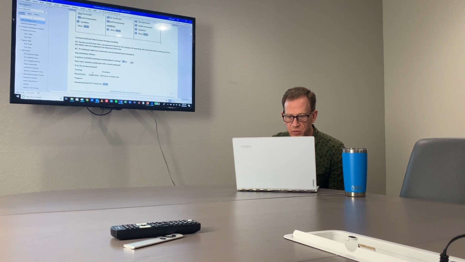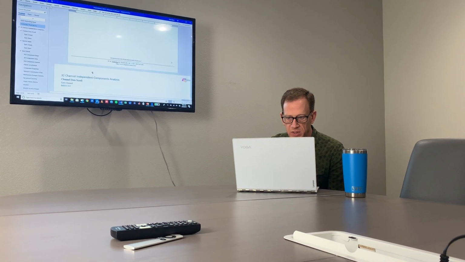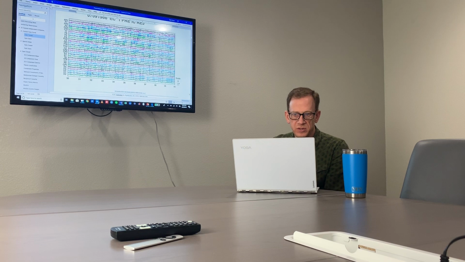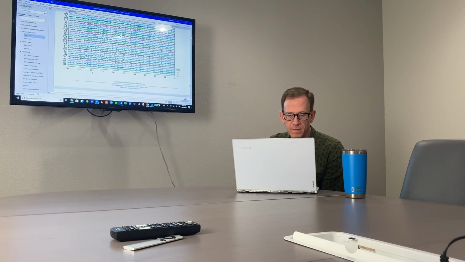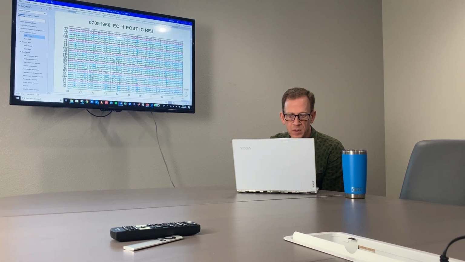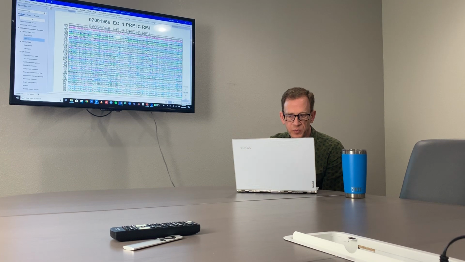So what we do is we go through their EEG data collection. This is a 32-channel EEG, so you can see the 32 channels displayed here. Eyes closed and eyes open.